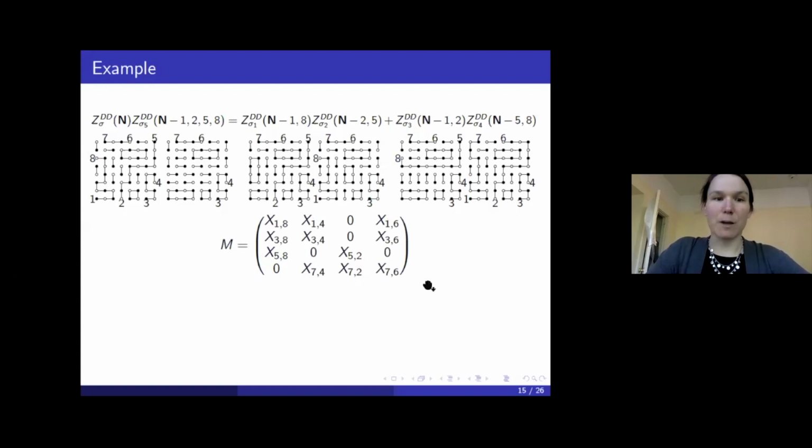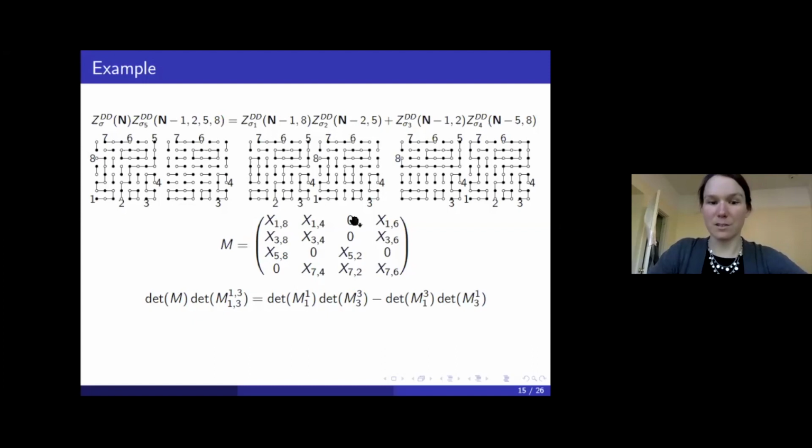And so if we wanted to prove this identity using the Desnanot-Jacobi identity in this matrix, we would delete rows and columns 1 and 3, because rows 1 and 3 correspond to nodes 1 and 5, and columns 1 and 3 correspond to 8 and 2.